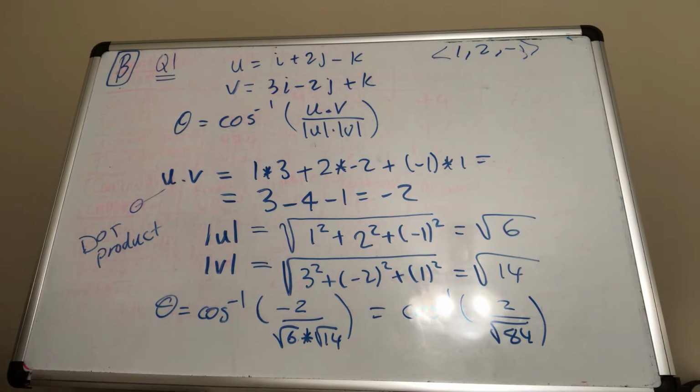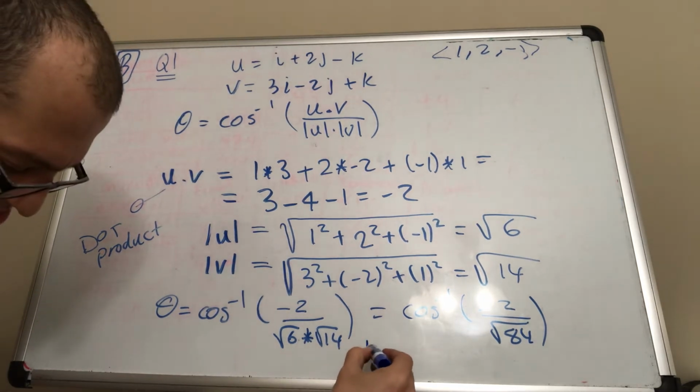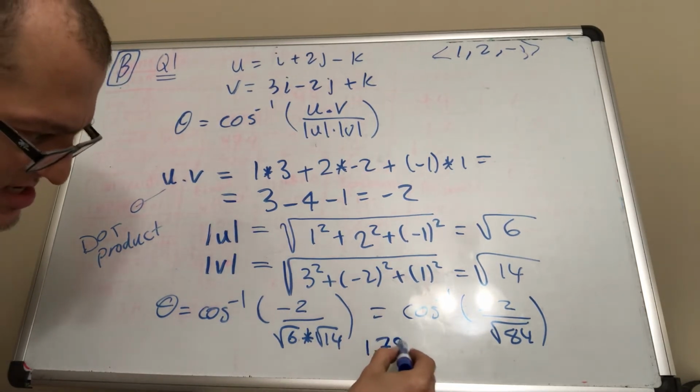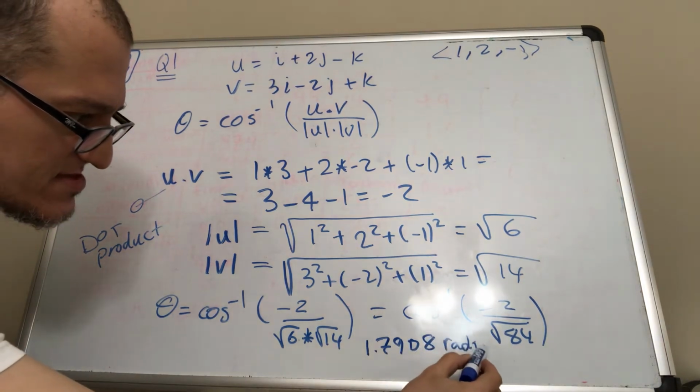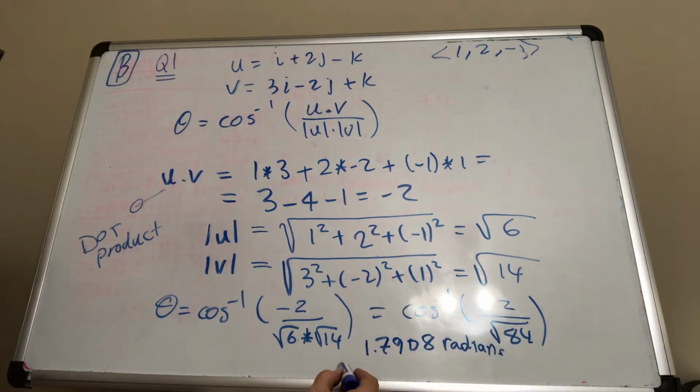If you want to do it in the calculator, the cosine inverse of minus 2 over root 84 would be this angle, 1.7908 radians, or it depends on what quadrant you're looking for.